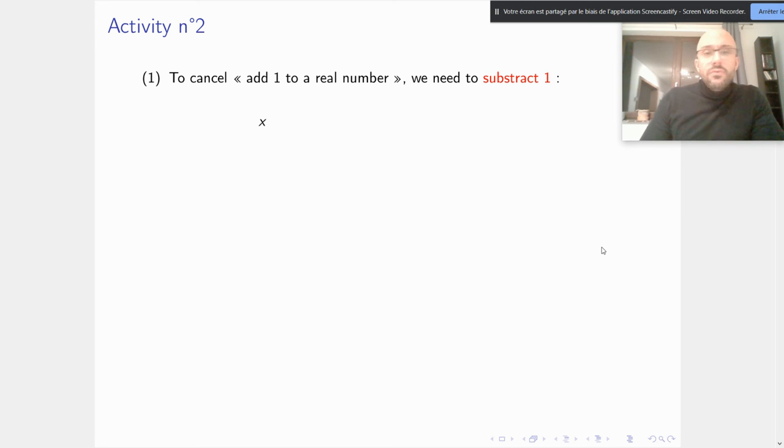We take a real number x, we add 1, it gives us x plus 1, and then if we subtract 1 from that result, it gives us x plus 1 minus 1, and it gives us, of course, x.